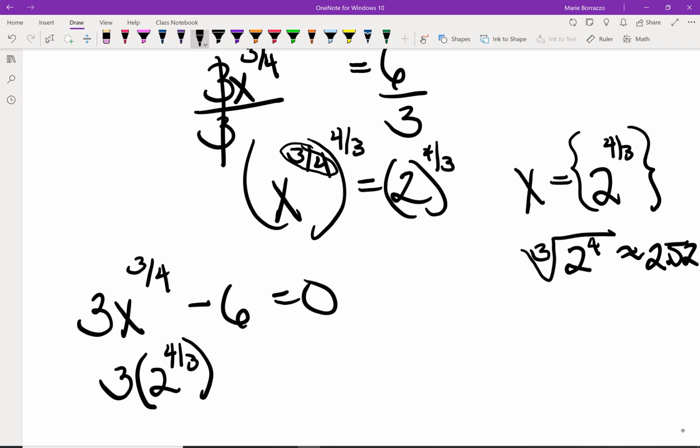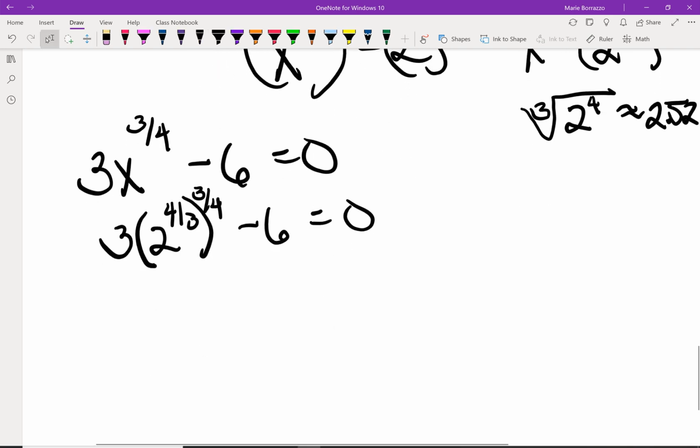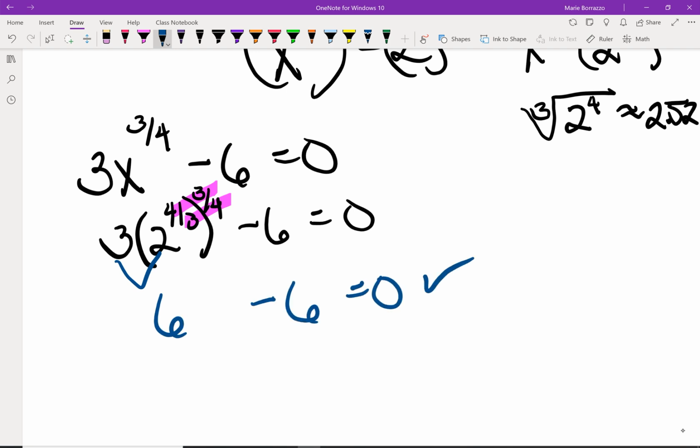All right, and remember this is raised to the 3/4 minus 6 is equal to 0. Well, remember, what's happening here is that 4 times 3 is 12 and 3 times 4 is 12, so this zaps itself out. And you're left with 2 times 3, which is 6, minus 6, which happens to be 0. That's how we know that we have the right answer.